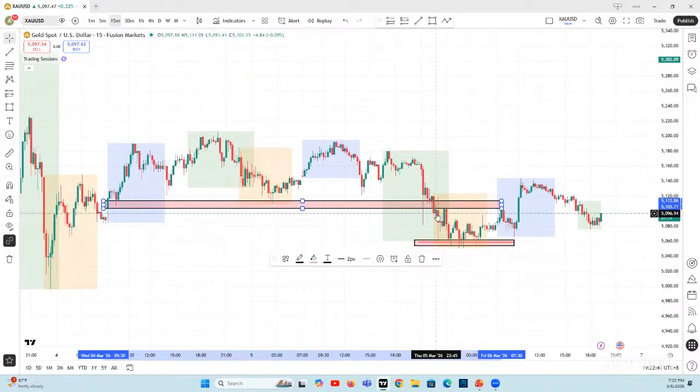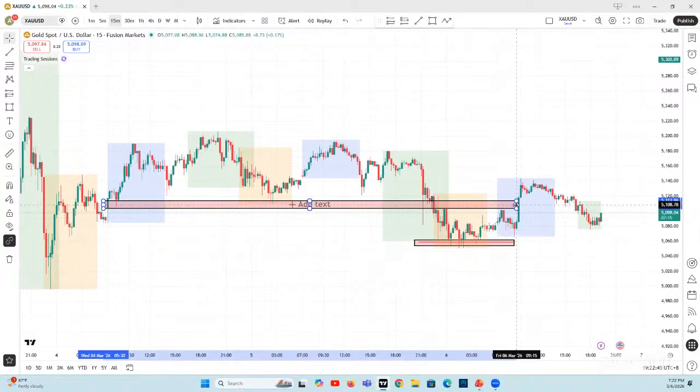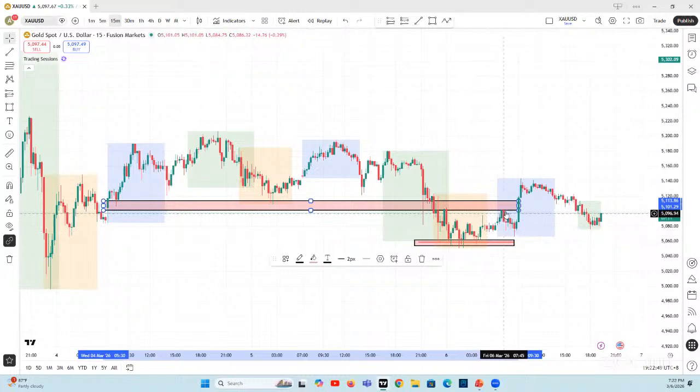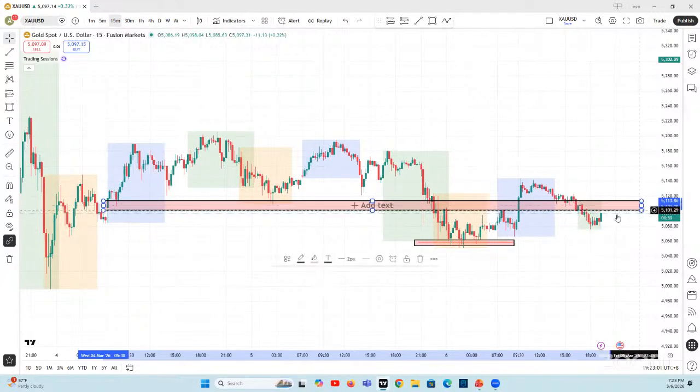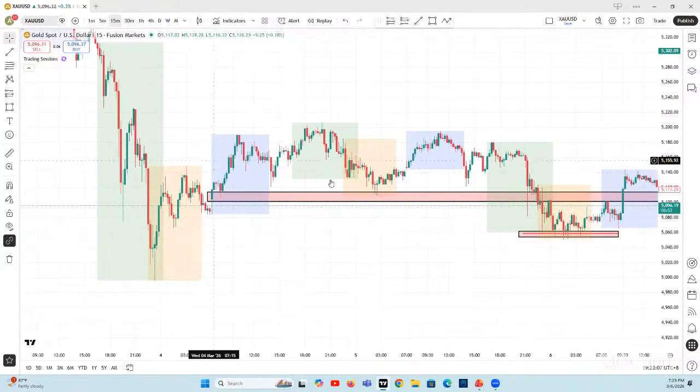And it broke. Now what? Look, it's going to retest this. There is your retest, my friend. And then it went down. And then it went up again, breaking this. Okay, now it's creating the support and breaking all these things.